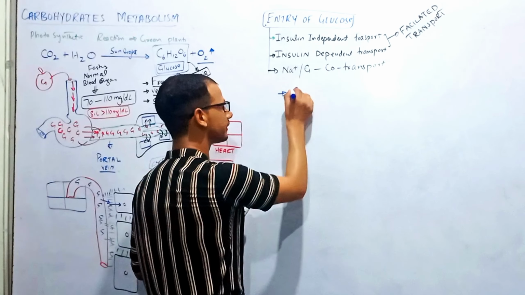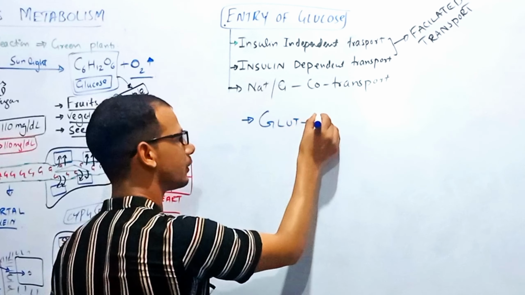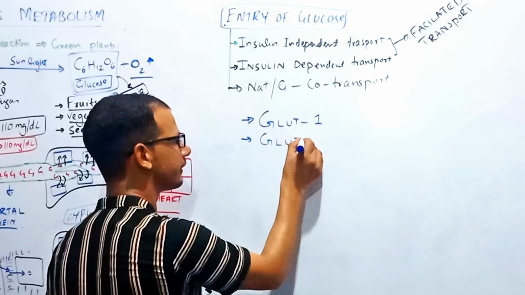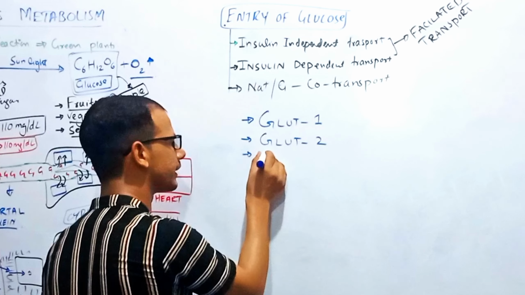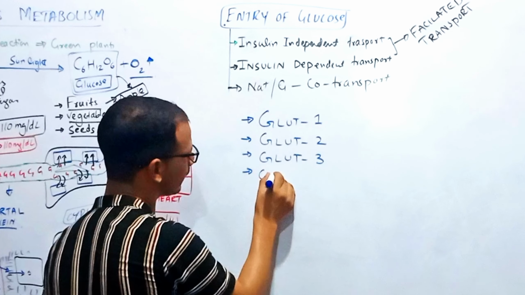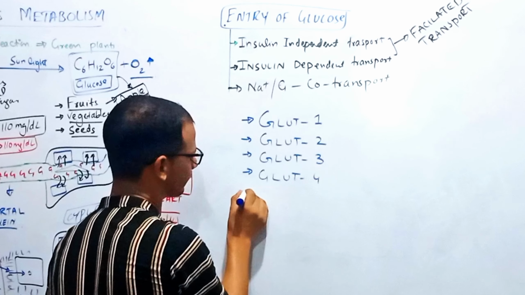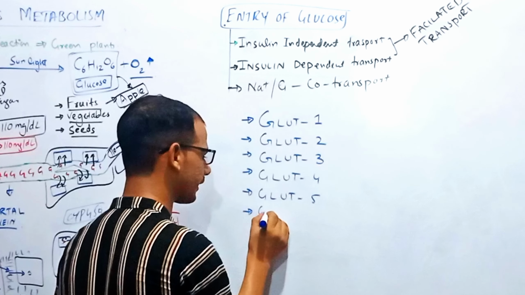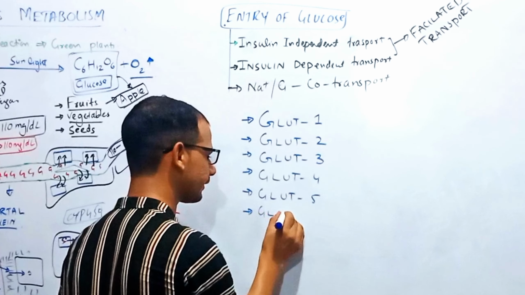Glut 1, Glut 2, Glut 3, Glut 4, Glut 5 and Glut 7. So 1, 2, 3, 4, 5, 6.